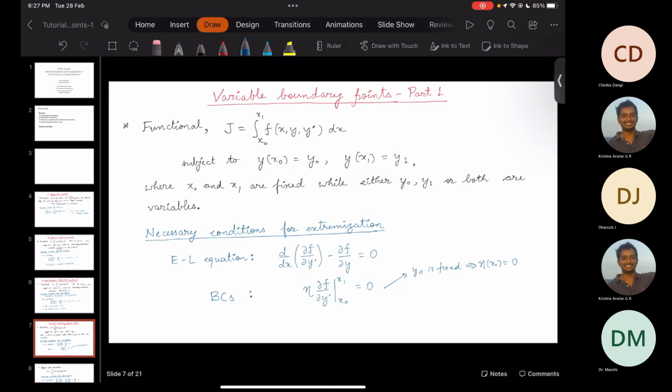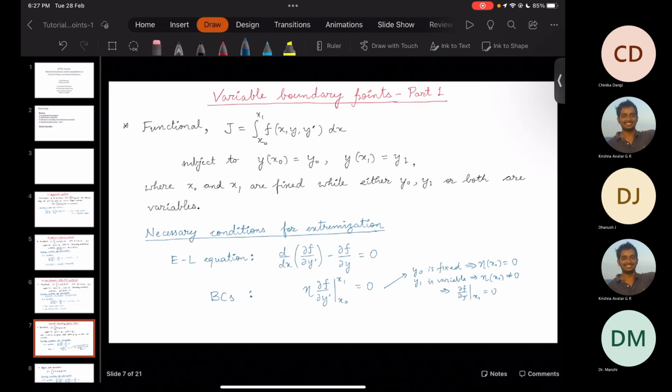So what we are left with is, y naught is fixed and y1 is variable, then this implies that eta at x1 is not equal to 0. So this implies that there will be one boundary condition at x1, and it has to be given by del f by del y prime at x1 is equal to 0.